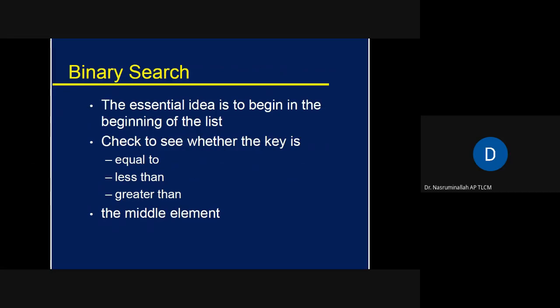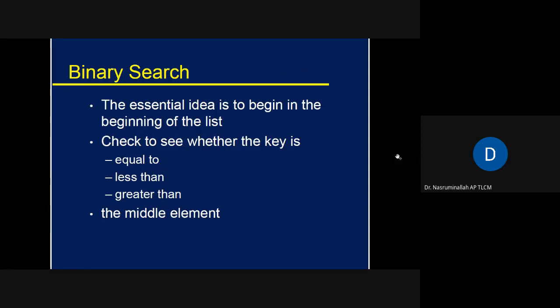Then after every comparison, one of three conditions might be true: the key may be equal to the middle element, or it may be less than the middle element, or it may be greater than it.